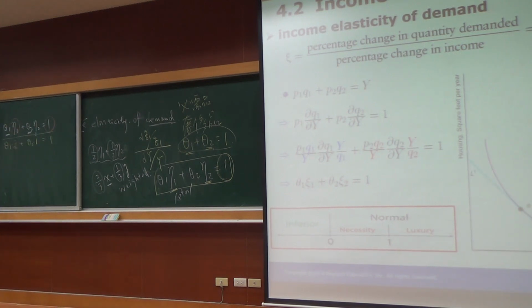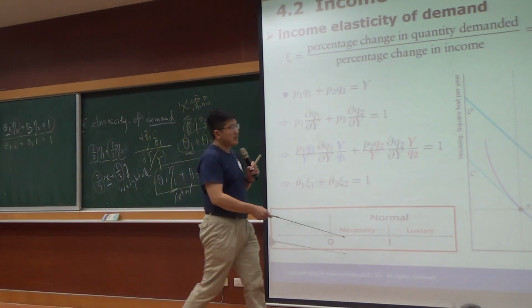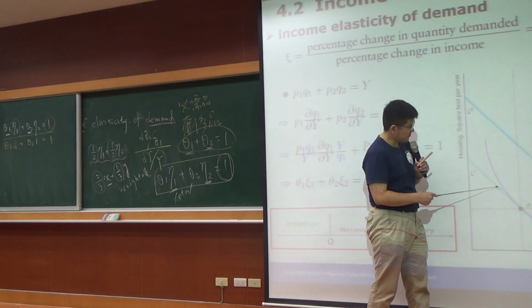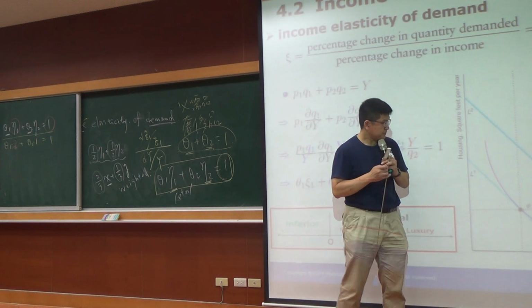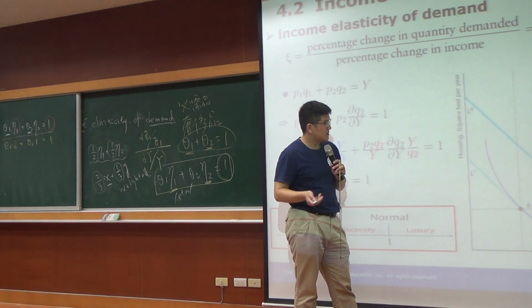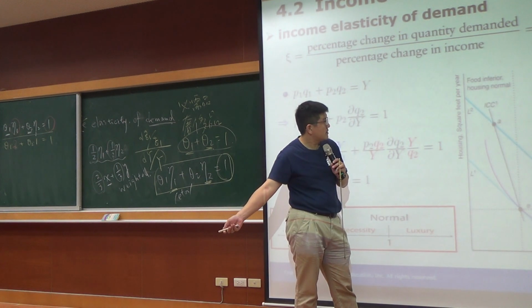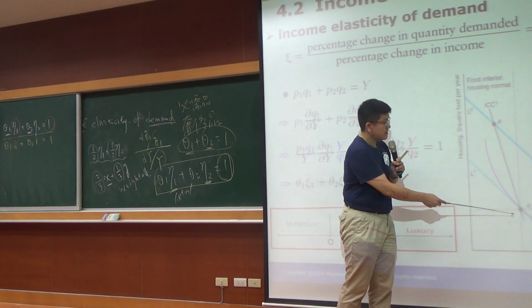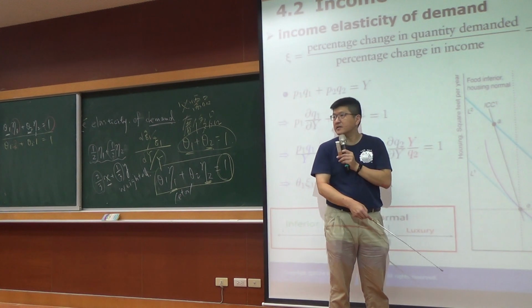And okay, so we have food on the horizontal and housing on the vertical, and now the income increased from L1 to L2. If ICC, what does it mean by ICC?